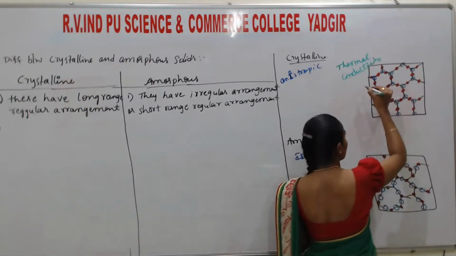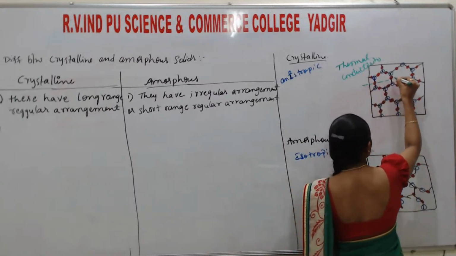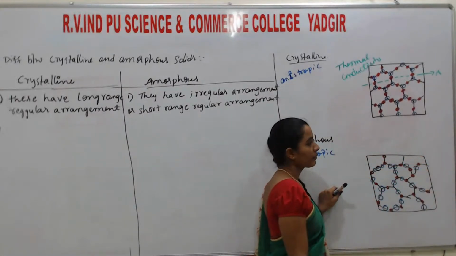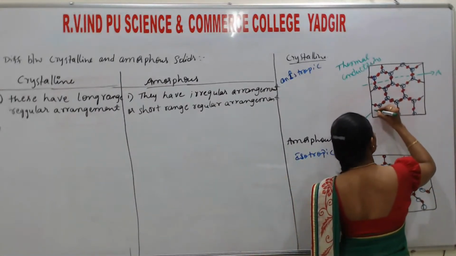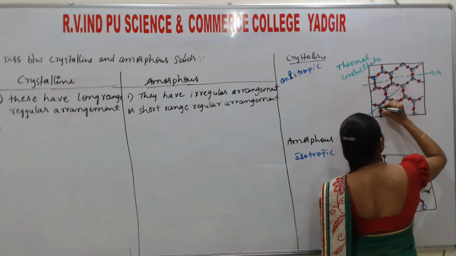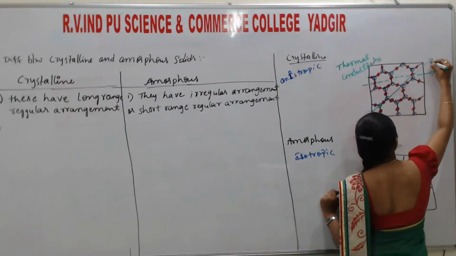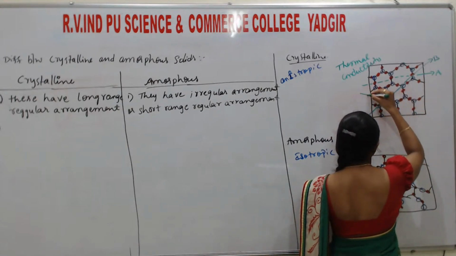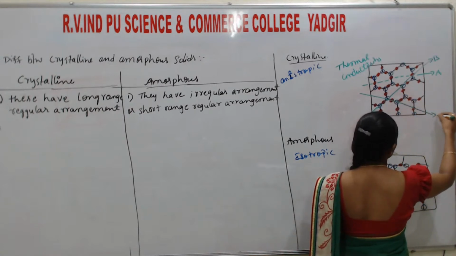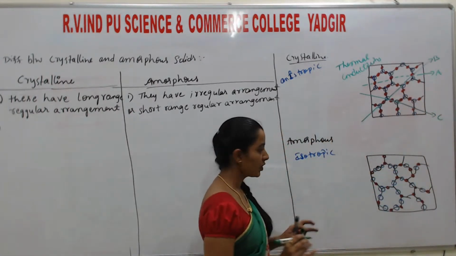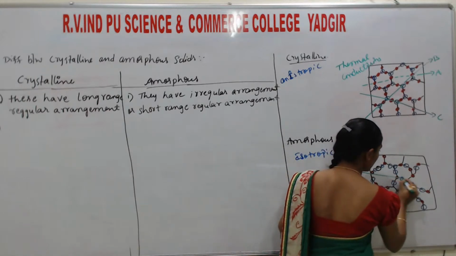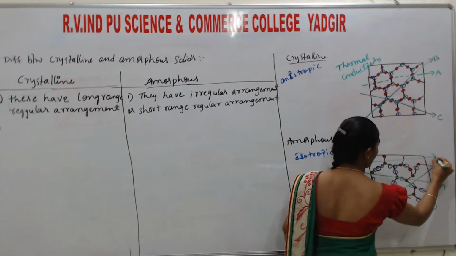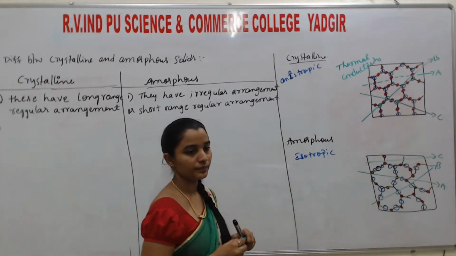In that thermal conductivity, consider this space, that is direction A. Again consider this, that is direction B, or consider this one, that is direction C. Okay, here you consider direction A, direction B, and direction C.